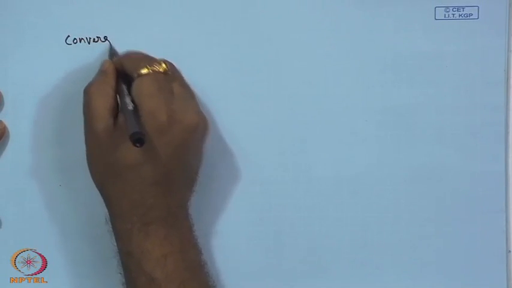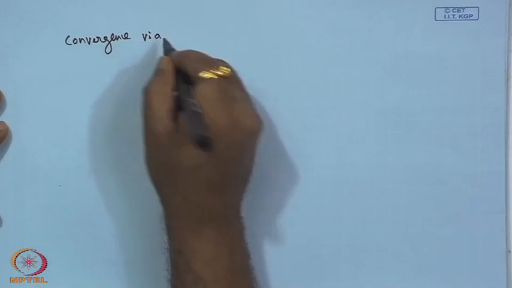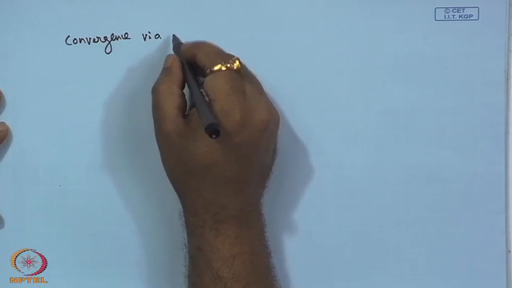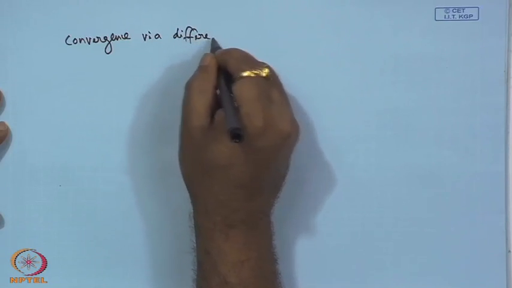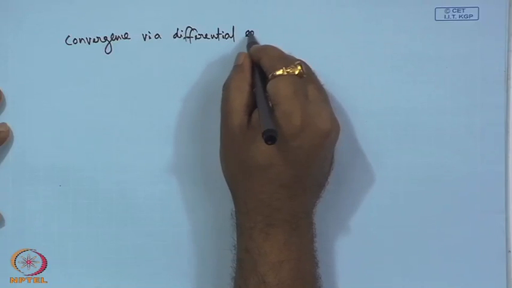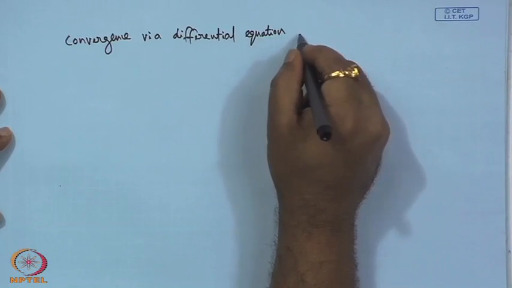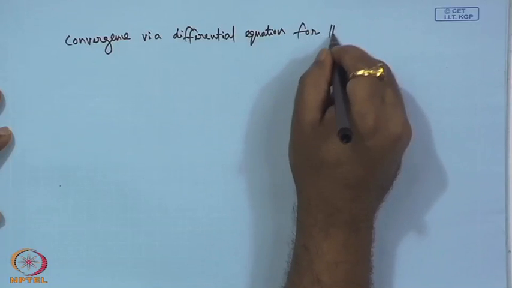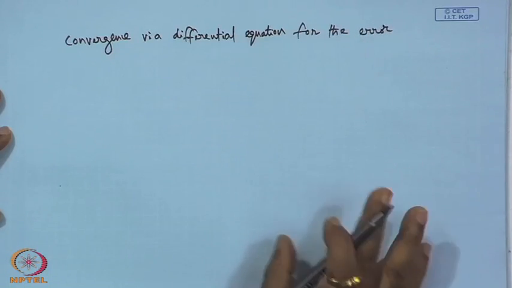Stability and convergence. So, convergence via differential equation for the error.